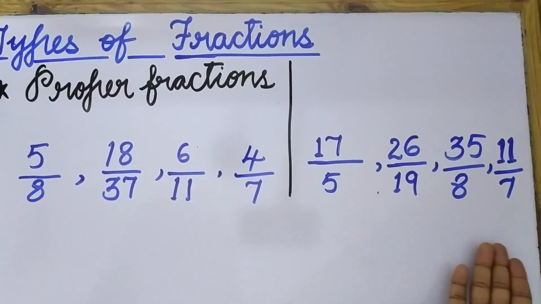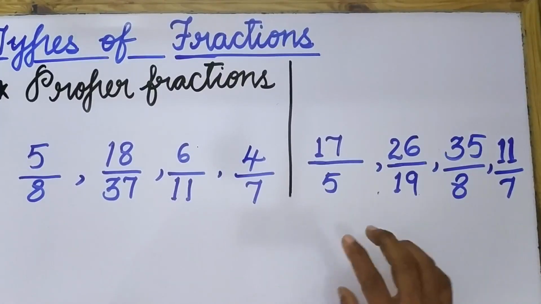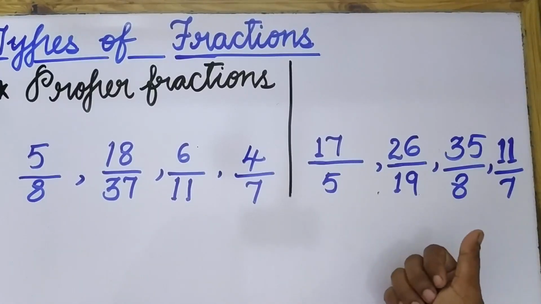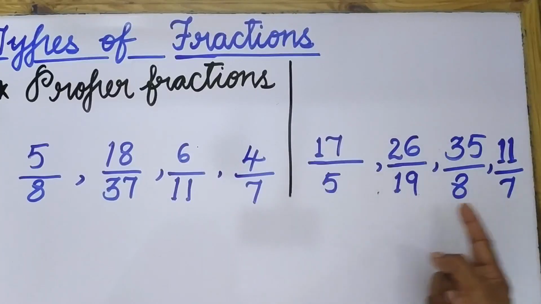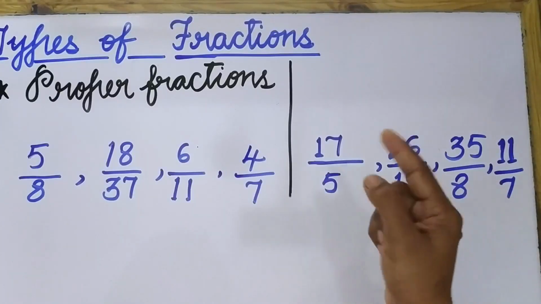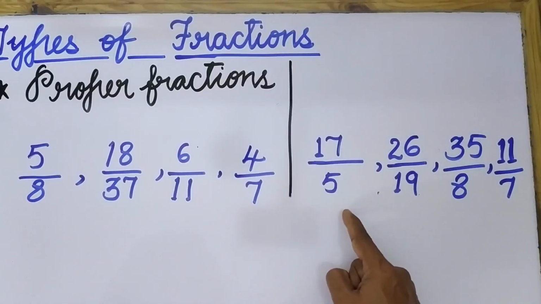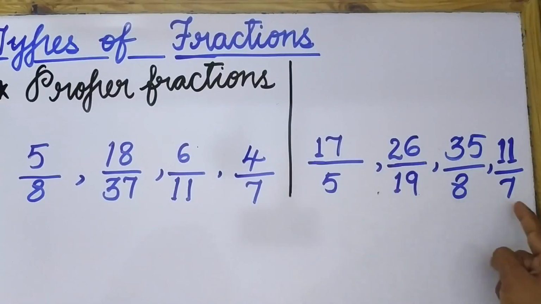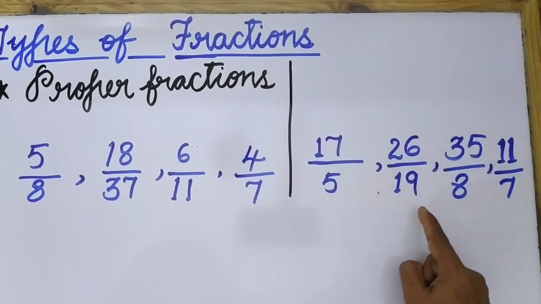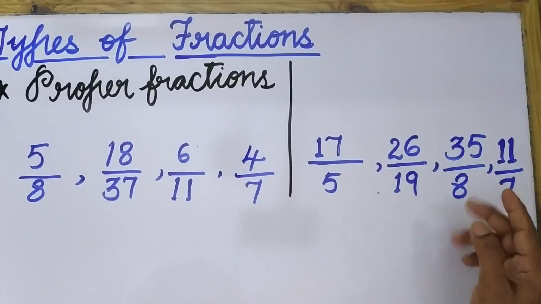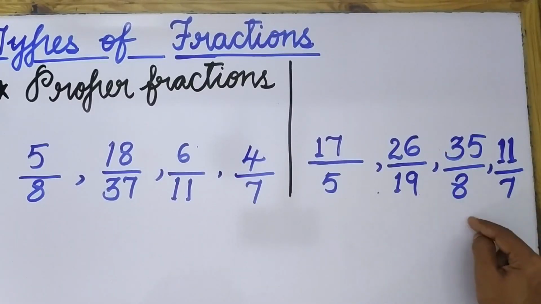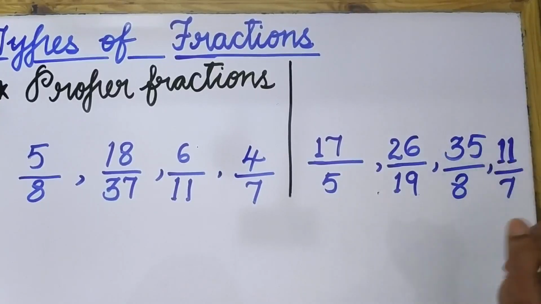Here, in this group of fractions, you can see something different. What's common in these fractions? Yes, numerator is greater than denominator. So you can see here, numerator is greater than denominator, or else we can also say denominator is smaller than numerator.